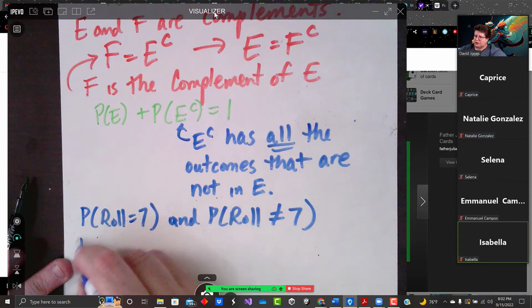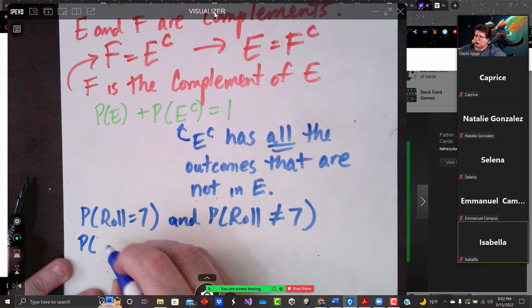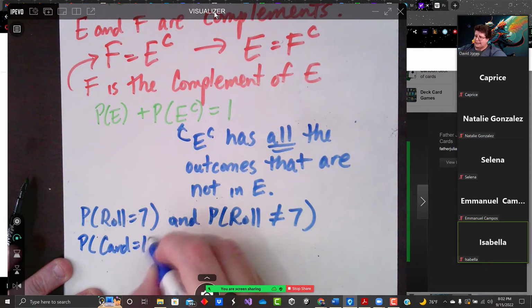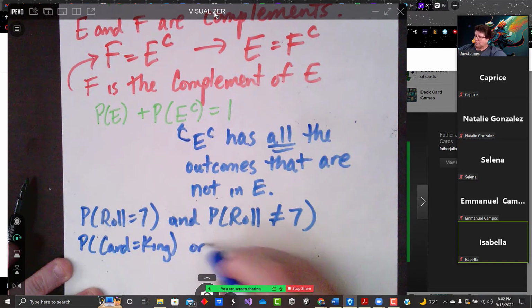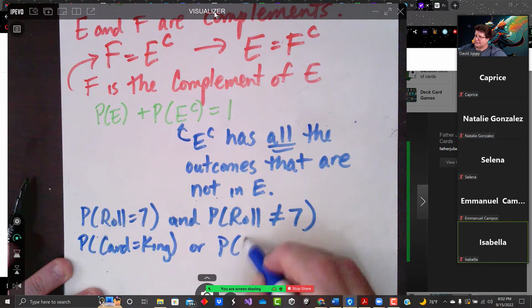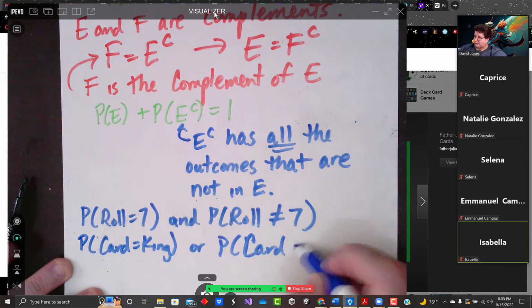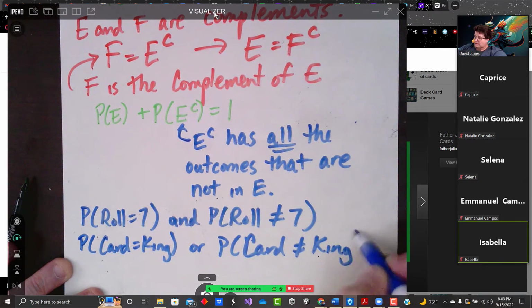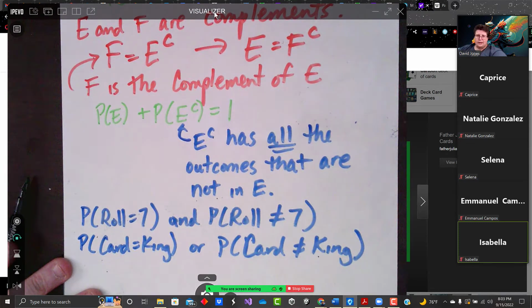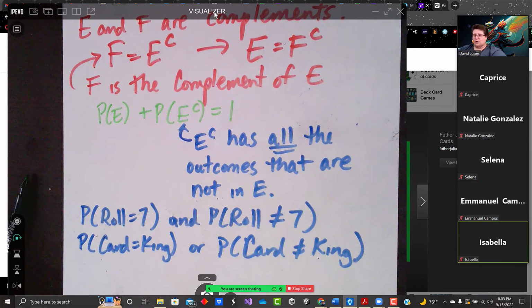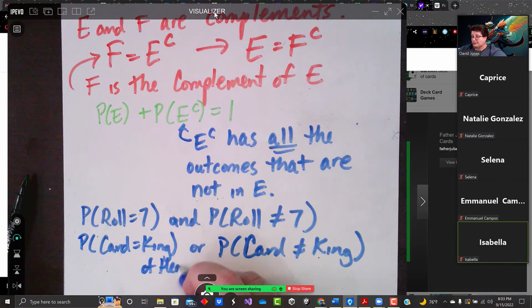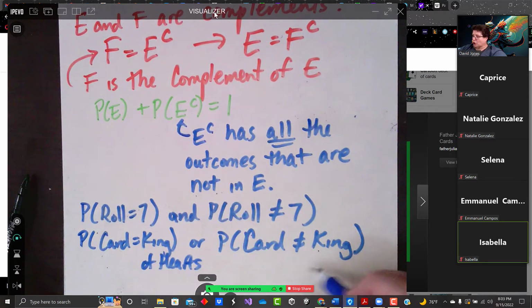In terms of the deck of cards, we could say the probability that the card is a king or the probability that the card is not equal to a king. And I could replace king with hearts or diamonds or spades, whatever category I want to have. I could be very specific. I could say the card is the king of hearts and the card is not the king of hearts.